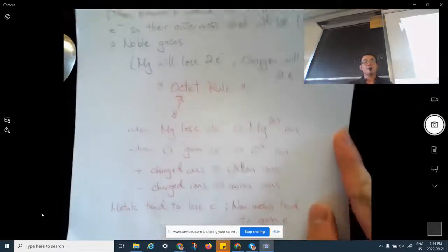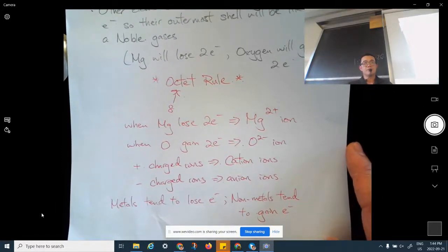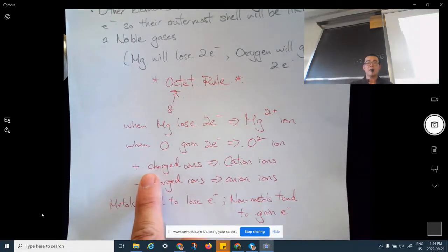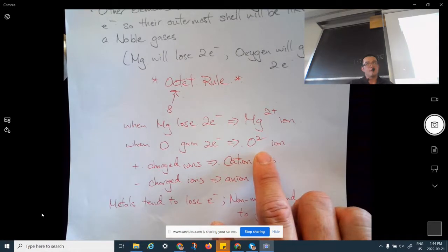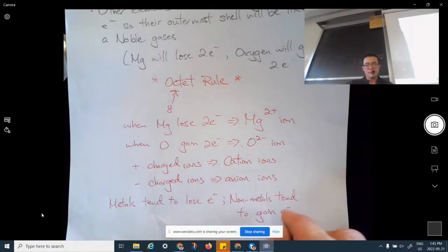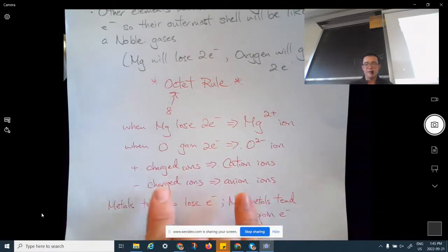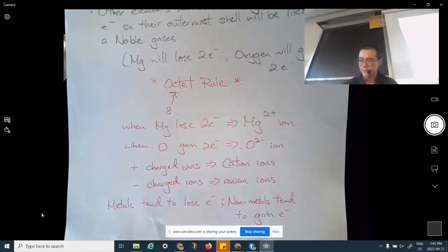It talks about Bohr-Rutherford diagrams, and also the reason why you have ions. Metals want to lose electrons, non-metals want to gain electrons. If you gain electrons, you're more negative, so you become a negative ion. If you have lost electrons, you are positive. The name for a positive ion is cation, and for a negative ion is anion.